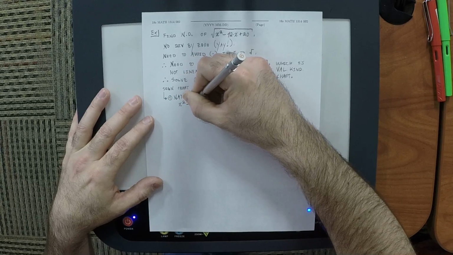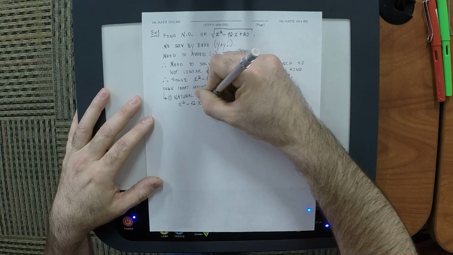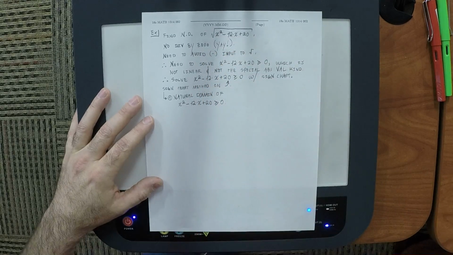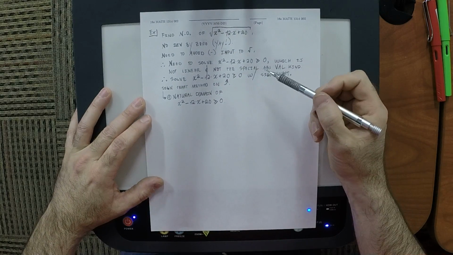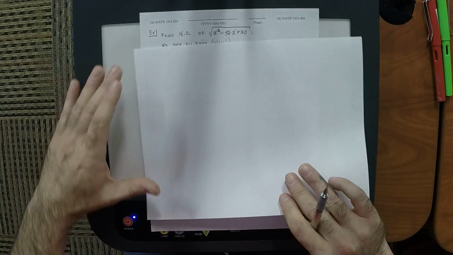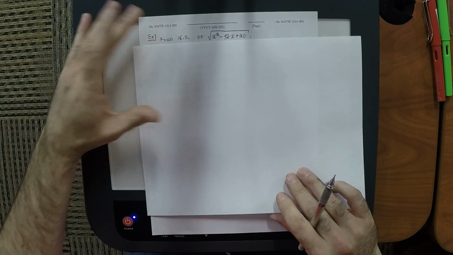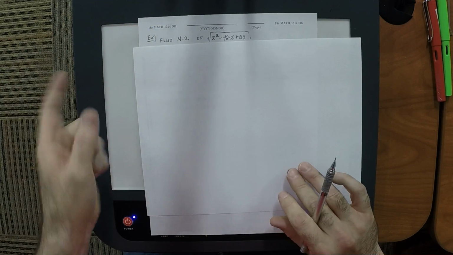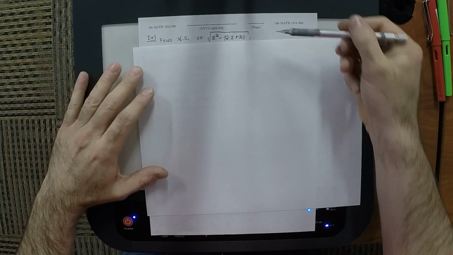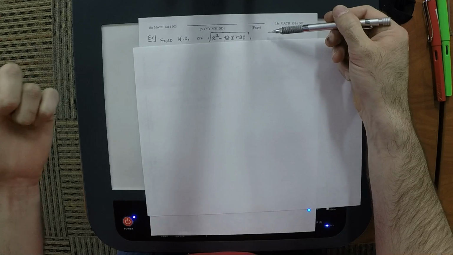Okay, now there is potential for confusion here. The exercise that we started a few minutes ago is to find the natural domain of this expression that I wrote down. That in the end is what we're trying to do.